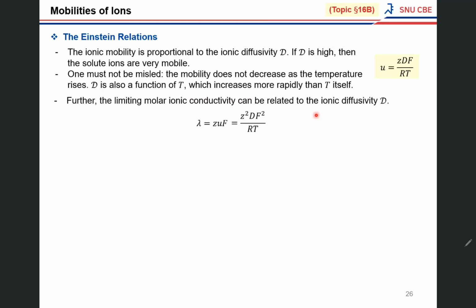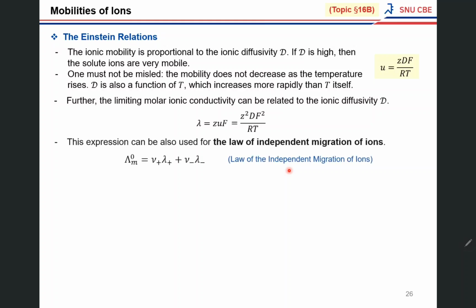Next topic, let's think about the relation between the limiting molar ionic conductivity, small lambda, and the ionic diffusivity. We have derived the relation between lambda and u: lambda equals z u F, and if you substitute this Einstein relation, you can find the relation between the limiting molar ionic conductivity and the ionic diffusivity like this. Everything is just proportional to one another. We can use the law of independent migration of ions and combine it with this equation having the Einstein relation.